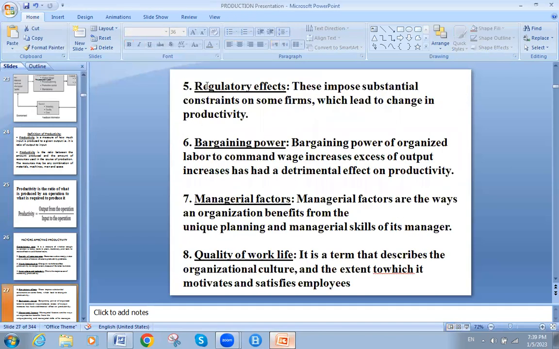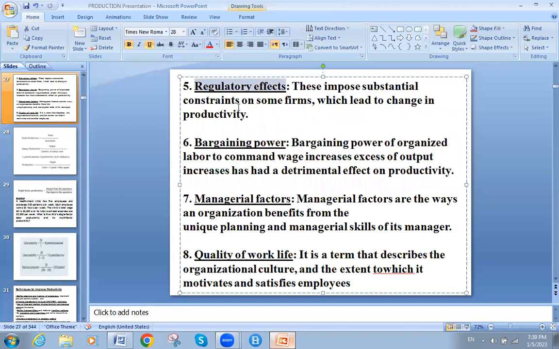If the regulatory effects impose substantial constraints on the firm, and these constraints grow more every day, more and more bylaws, more and more constraints, that will affect productivity and it will be lower.